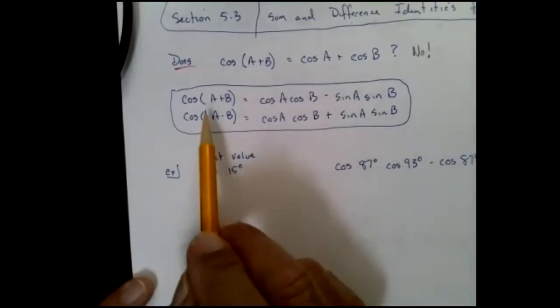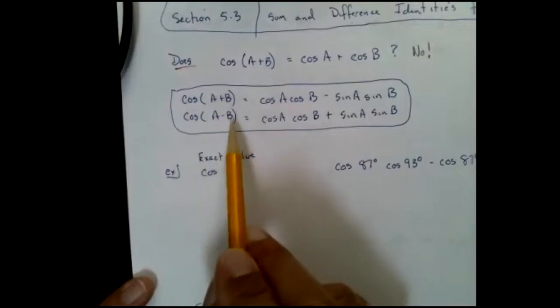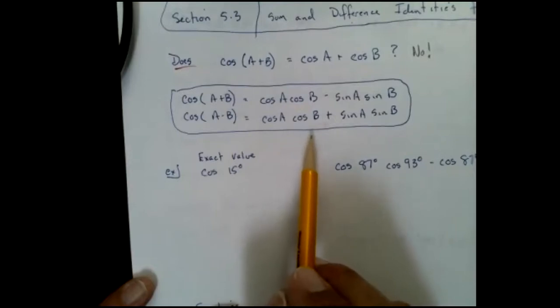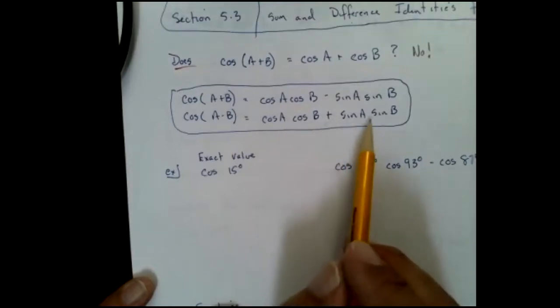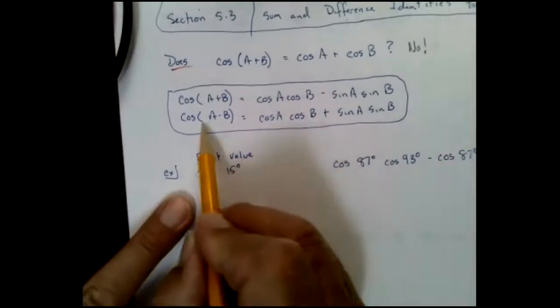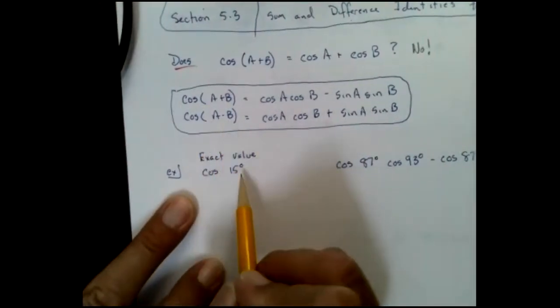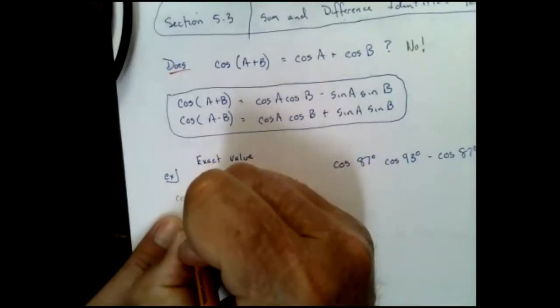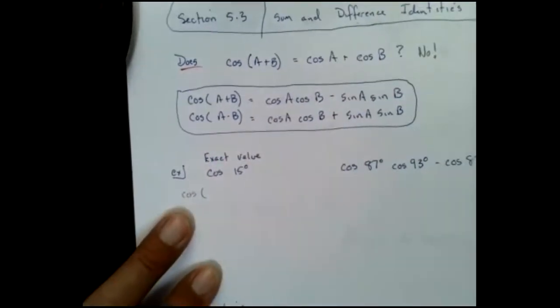Well, I clearly have just learned these two new things, and I want to be able to rewrite it with cosines and sines that I know. So what if I use this one, and instead of 15, I rewrite this as the cosine of... give me two numbers we know.